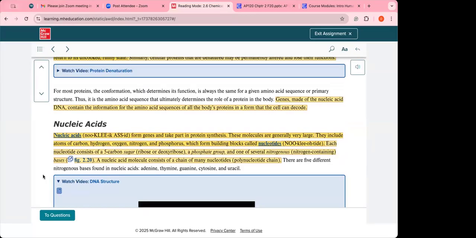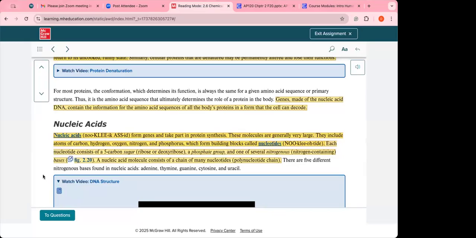For most proteins, the conformation, which determines its function, is always the same for a given amino acid or primary structure. Thus, the amino acid sequence determines the role of a protein in the body. Genes made of the nucleic acid DNA contain information for the amino acid sequences of all the body proteins that a cell can decode. Nucleic acids form genes and take part in protein synthesis.